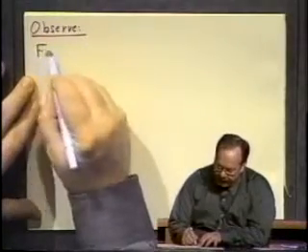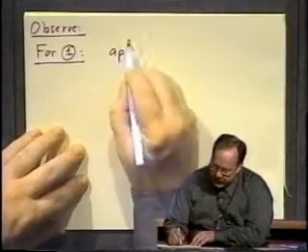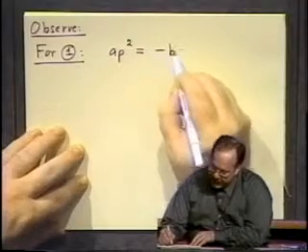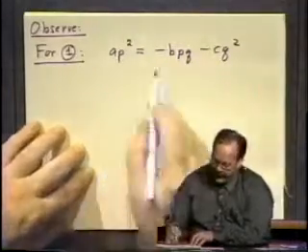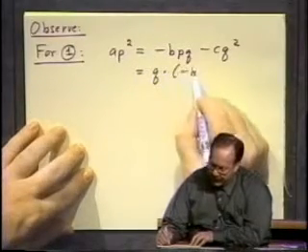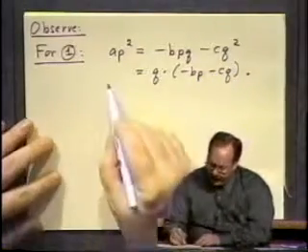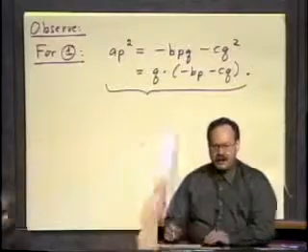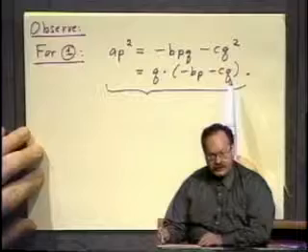So here I want to observe what happens in each of these cases. For 1, if I move those across, I end up with ap squared isolated, and on the right I have minus bpq minus cq squared. On the right I can factor out the common factor q, so I have q times minus bp minus cq. Now observe from this: q divides the right-hand side, because q is a factor there.